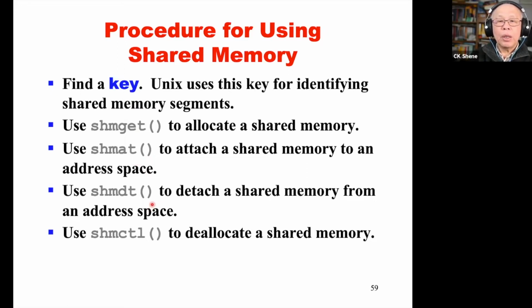After using it, call shared memory detach to cut it off from your address space. Finally, if you are the one who allocated that shared memory, you have to use shared memory control to remove it from the system. So we will talk about each of these 5 steps. Then we look at several examples.